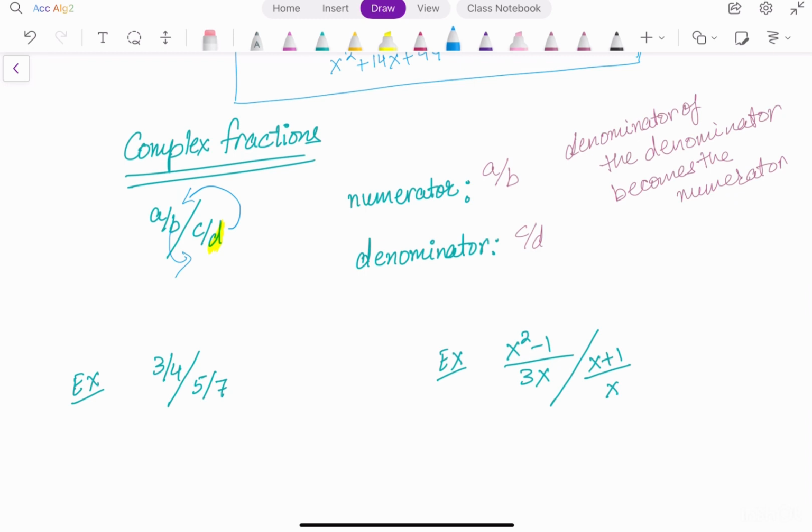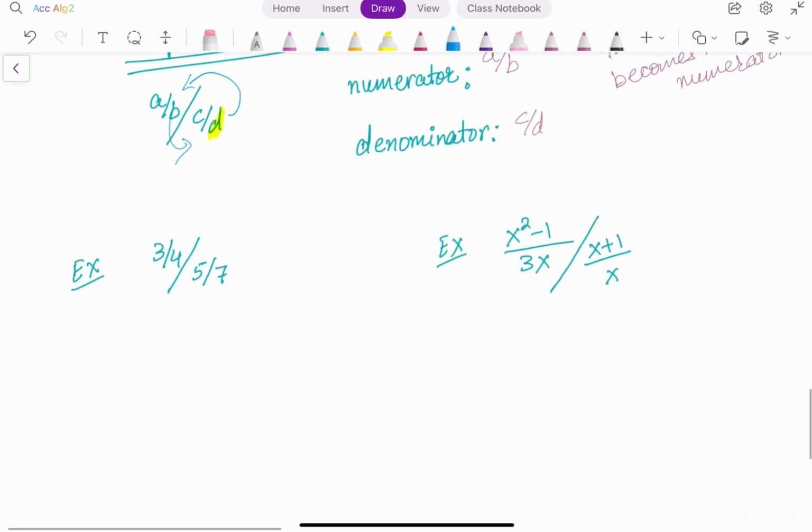So let's try the example. We have 3/4 divided by 5/7. Technically, I can write it down with the division sign, and there is also something called KFC that I have discussed in another video. We keep the first fraction, flip the second fraction, and change the sign to multiplication.